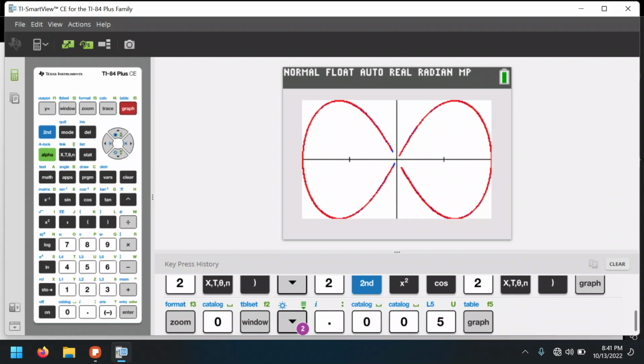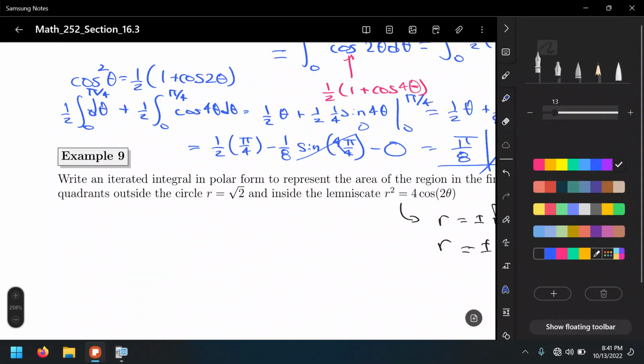Right, and we get this. It actually didn't give us the entire graph, so it looks like two loops here.